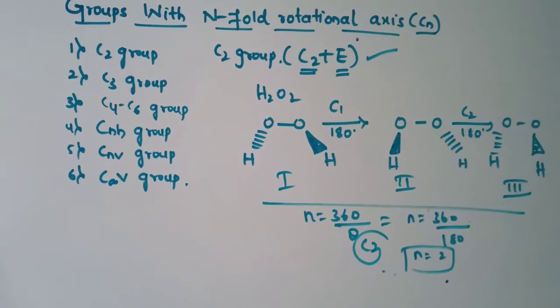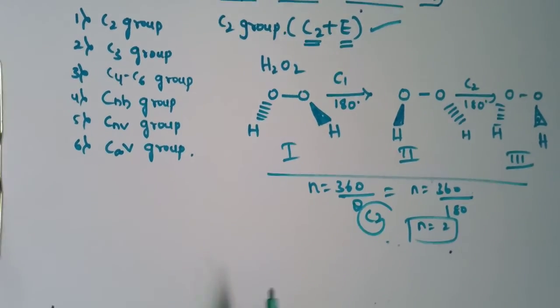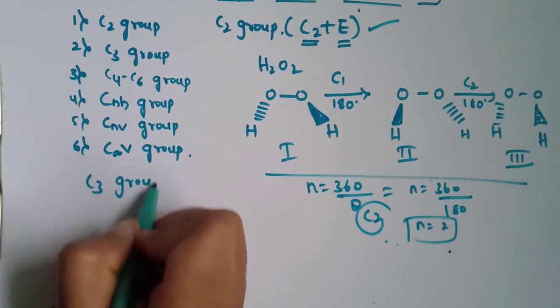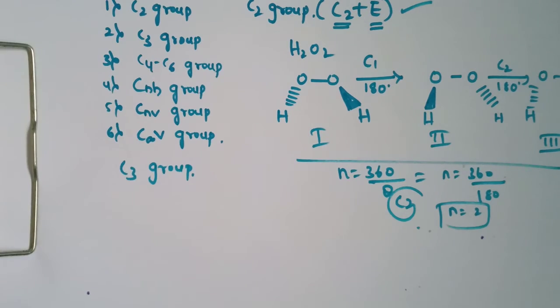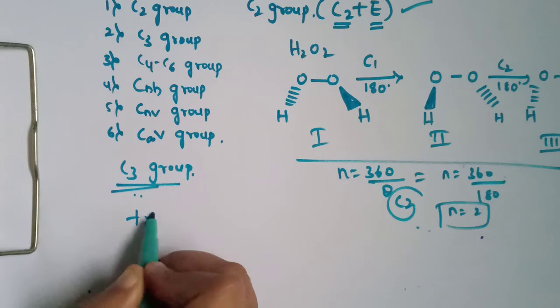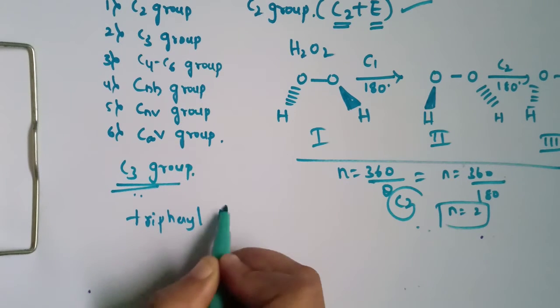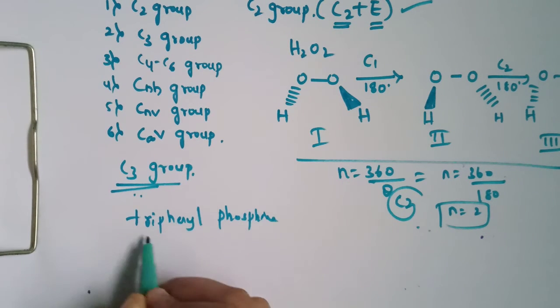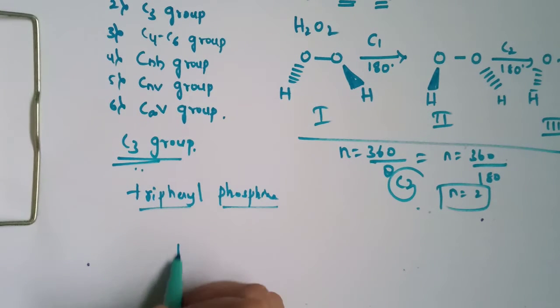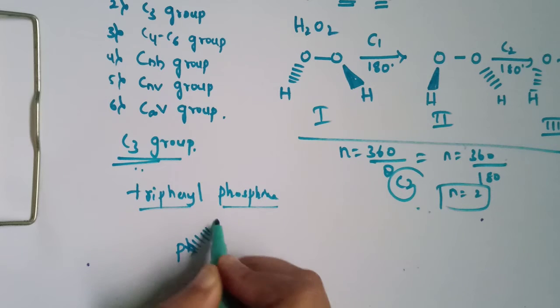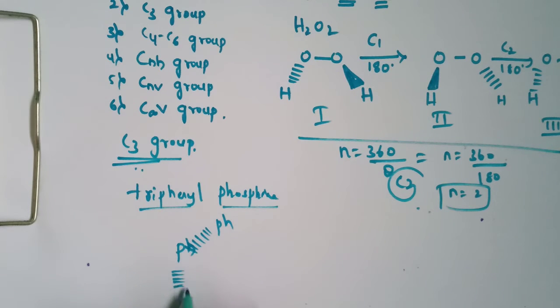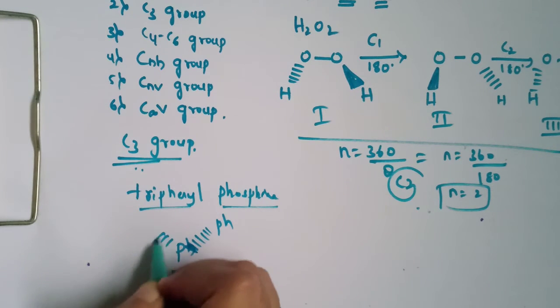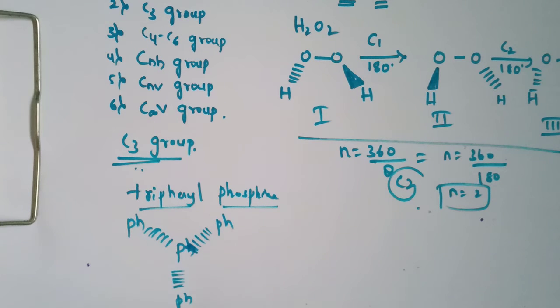Now this is completed. Now let's move to the C3 group. An example for this is triphenylphosphine, that is P, Ph, Ph and Ph.